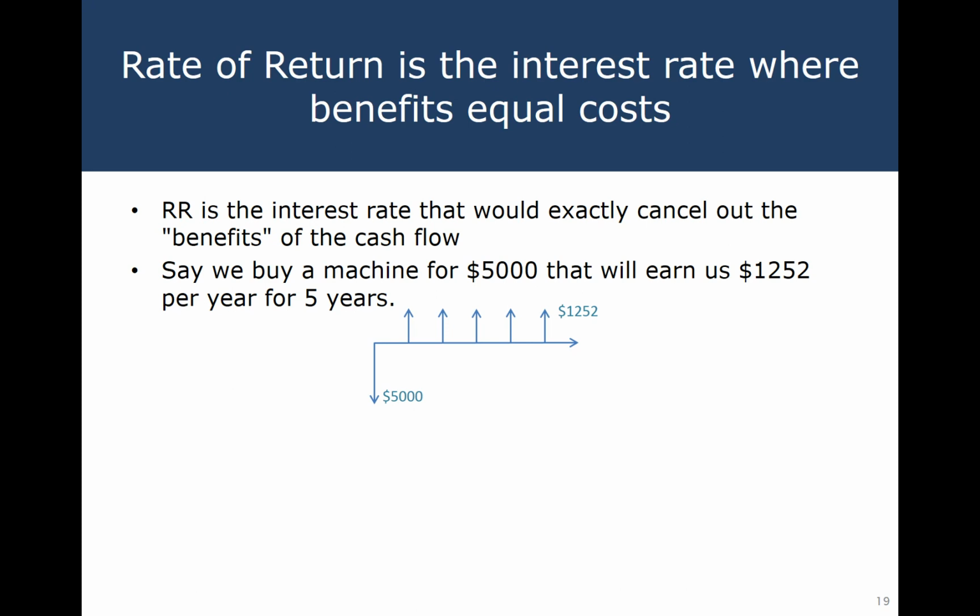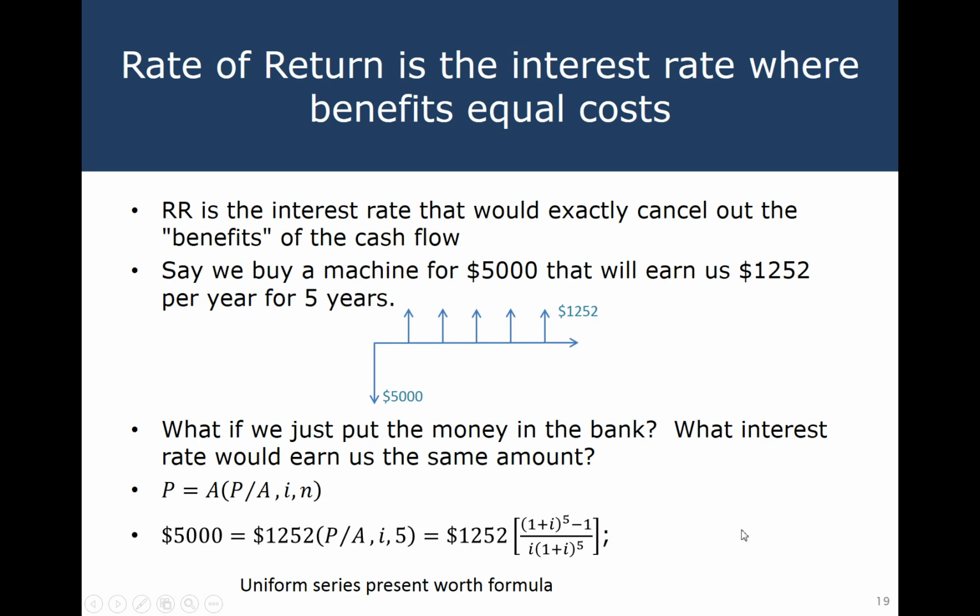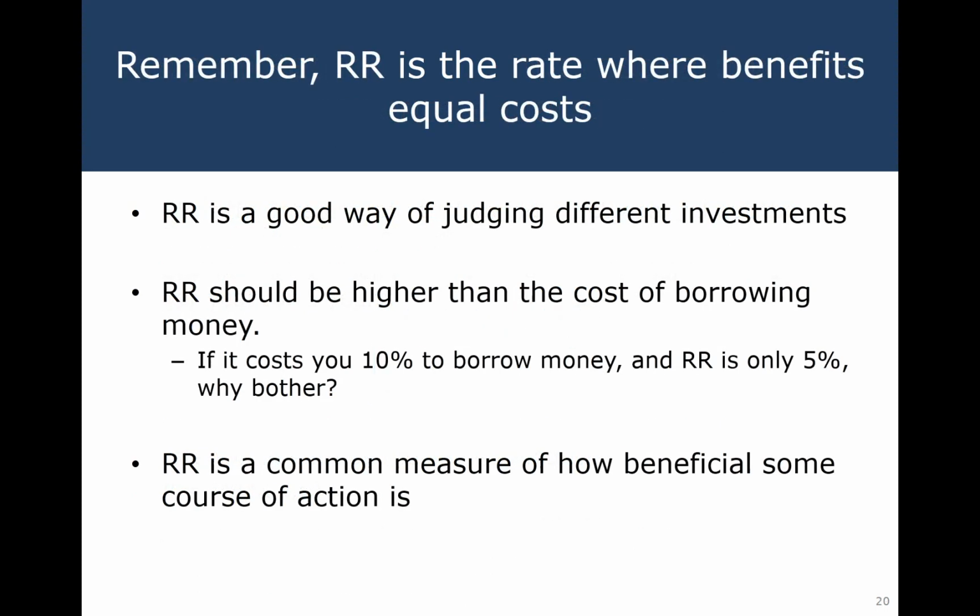So let's look at this case: say we're going to buy a machine, and it will cost about $5,000, and we'll earn about $1,222 every year for 5 years. So we can build up a cash flow like this, and then we can calculate the interest rate. And what is the interest rate? It is the so-called 8%, the minimum acceptable rate of return.